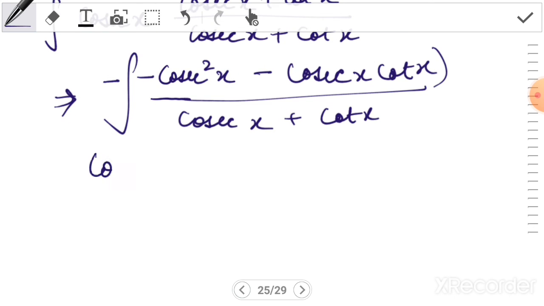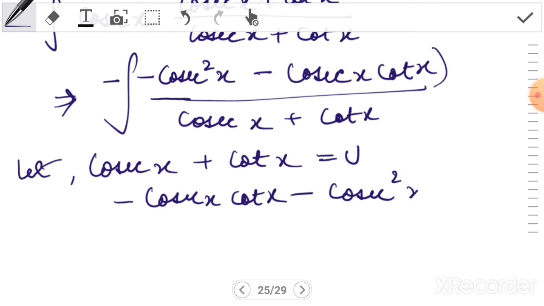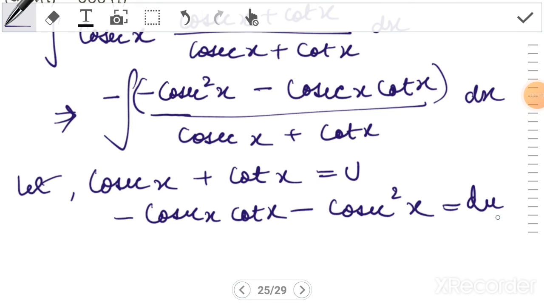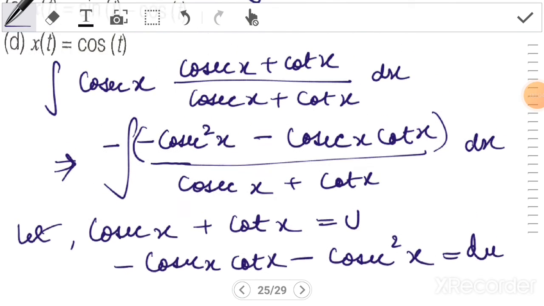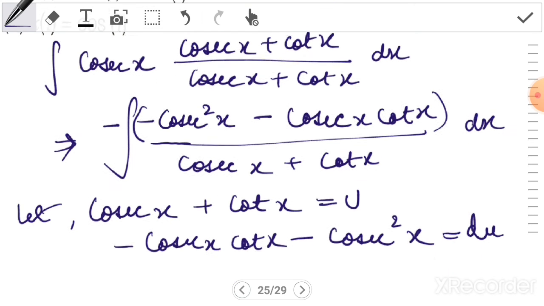Now let us assume cosec x plus cot x as u. Then differentiating with respect to x on both sides, we have minus cosec x cot x and minus cosec square x is equal to du. Now I think we are clear why we multiplied and divided by cosec x plus cot x.